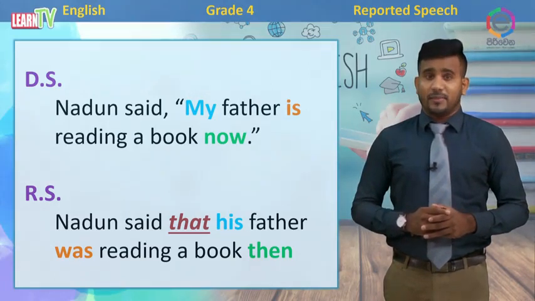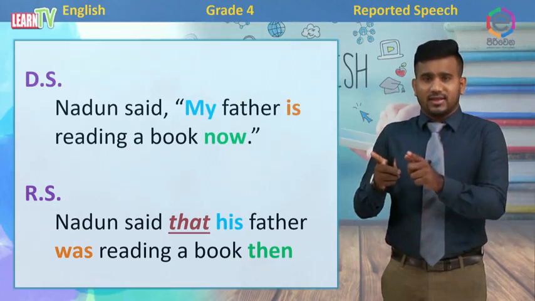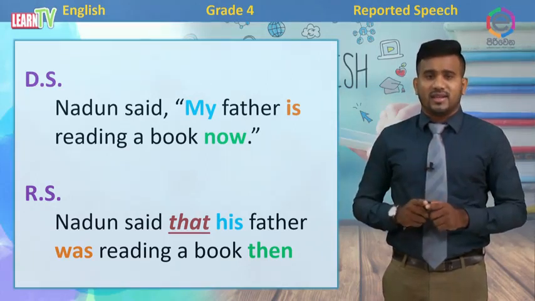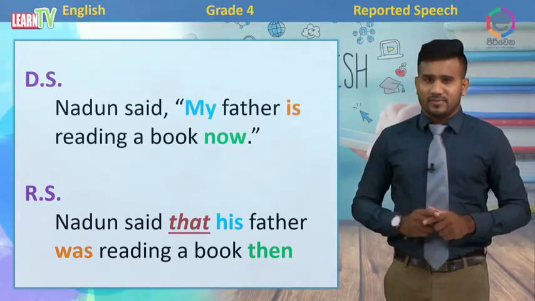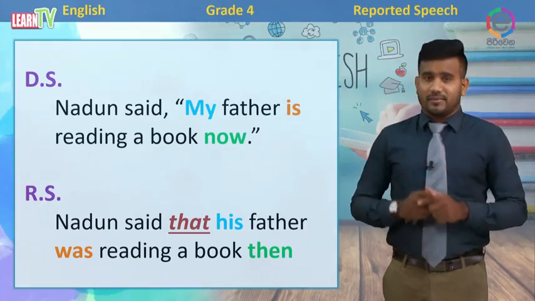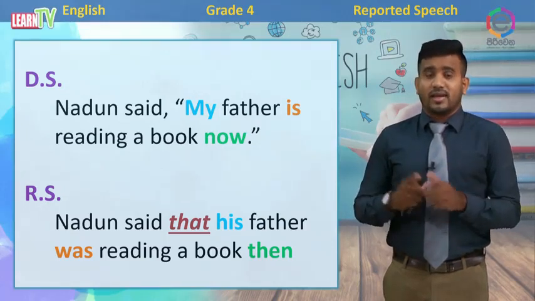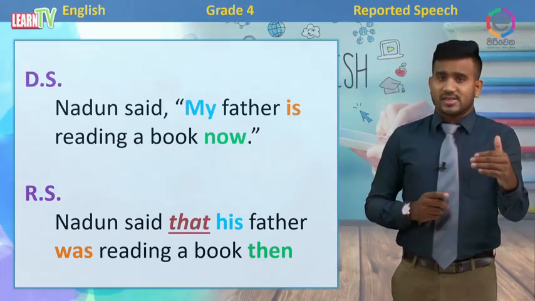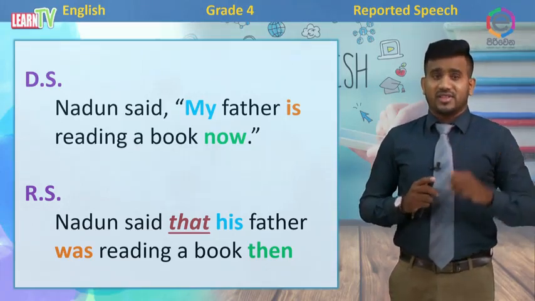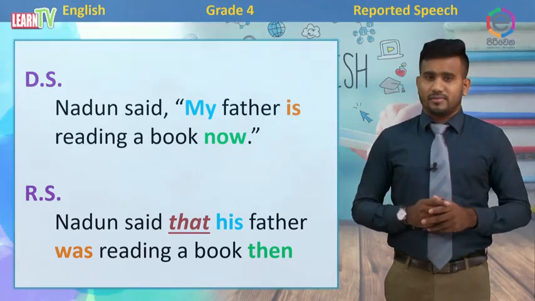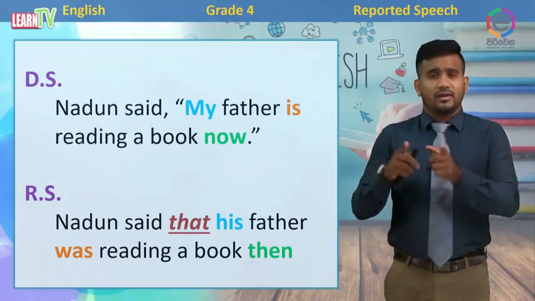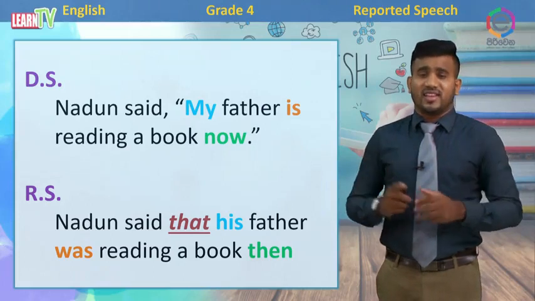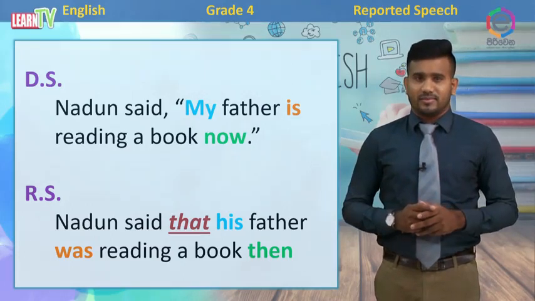Now you can see, my father has been changed to his father. Is reading, is has been changed to was. The word is has been changed to was. The word now has been changed to then.